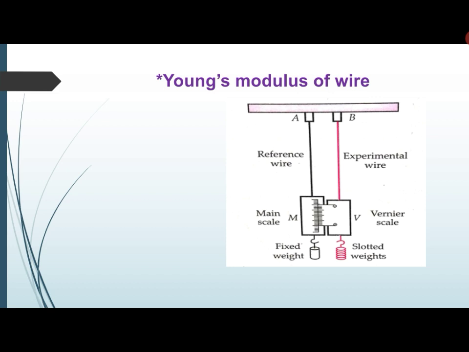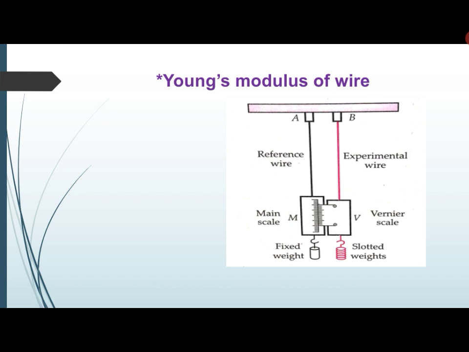Now L is the length of this experimental wire, and for a small initial load, let the load be 1 kg, we are putting that load on this hanger. This initial load keeps the wire straight and without any kink. Now we are observing the reading on this vernier scale, and again we are adding half kg weight to this hanger.